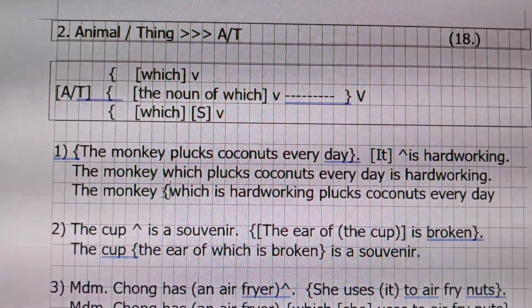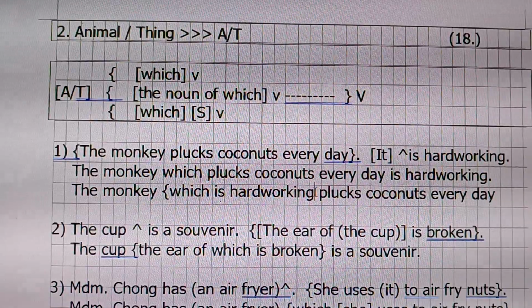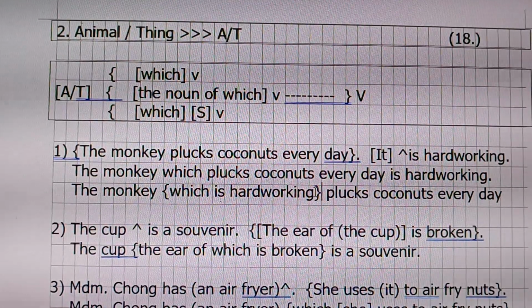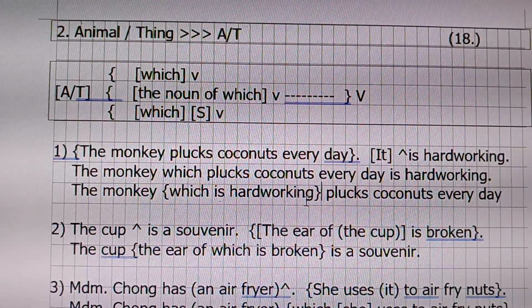So this is the subordinate clause. It also makes sense. Alright, so both are correct.